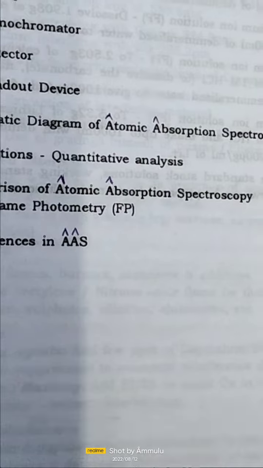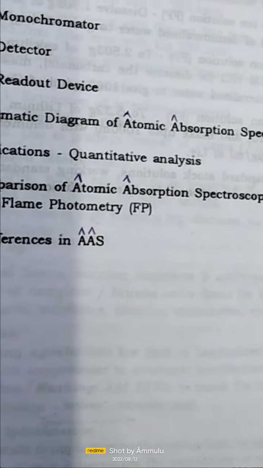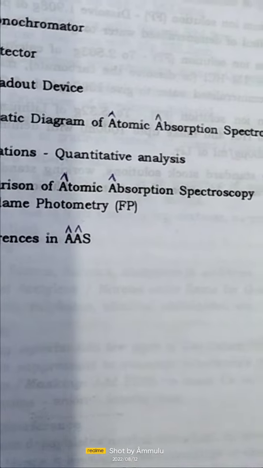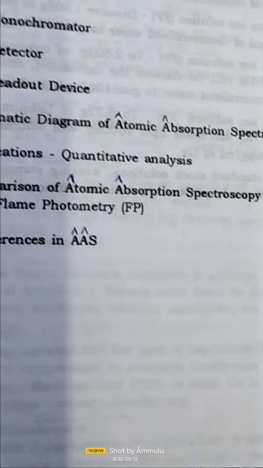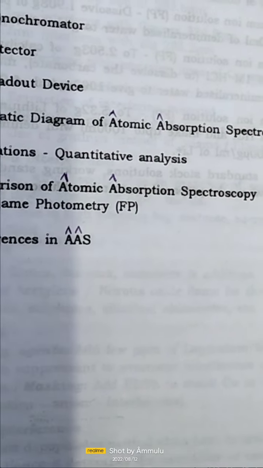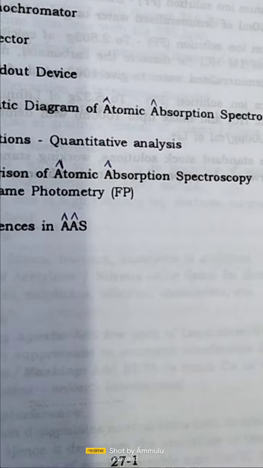Due to the thermal energy of this flame, the solvent in the droplets will be evaporated and a fine residue will be formed that is converted into neutral atoms. The neutral atoms absorb the radiation of specific wavelength which is emitted by the hollow cathode lamp.